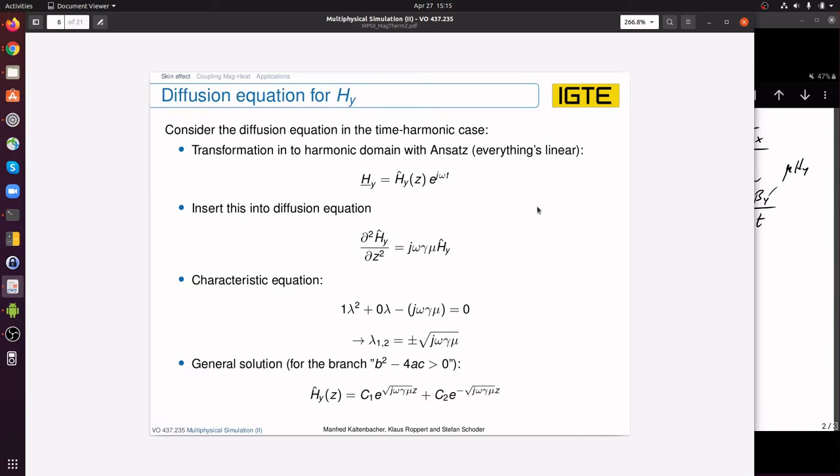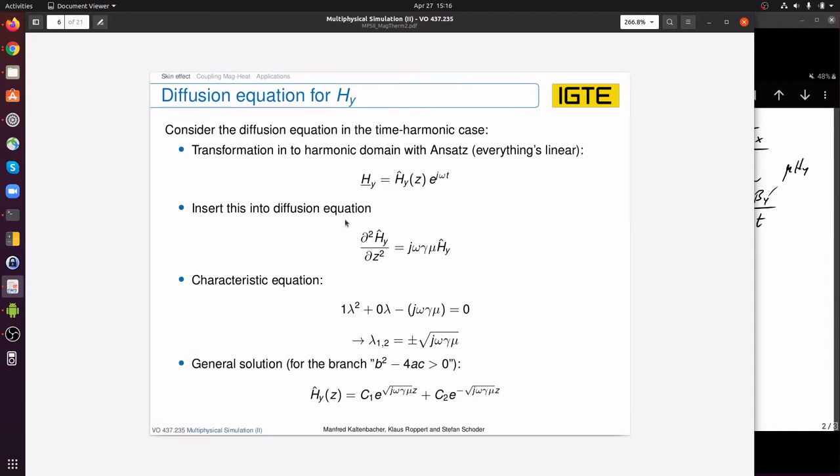The way we deal with this problem is we transform this time-dependent problem into the frequency domain, so into the time harmonic case with this classical exponential ansatz. We insert it into our PDE, so we have j omega, time derivative, gamma mu times Hy, and the spatial derivative stays the same, acting on this complex amplitude.